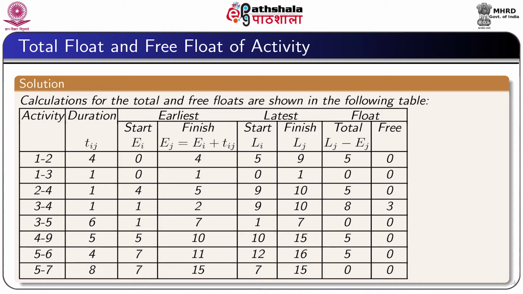From the figure already shown in the previous slide, we can easily write the values of Ei and Li, and from that we can find the values of Ej and Lj. Total float can be obtained by taking the difference between Lj and Ej, which can be easily obtained.